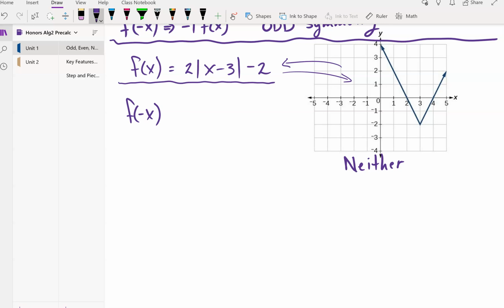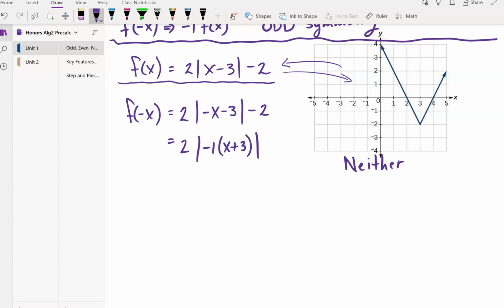Okay, so it looks like we are going to have 2 times the absolute value of -x minus 3, minus 2. Oops, my absolute value symbol there, not a parenthesis, sorry about that. And simplifying this, really the only thing we can do here is, because it is an absolute value function, if I did factor out a -1 within these parentheses, I'm going to have an x plus 3 left.